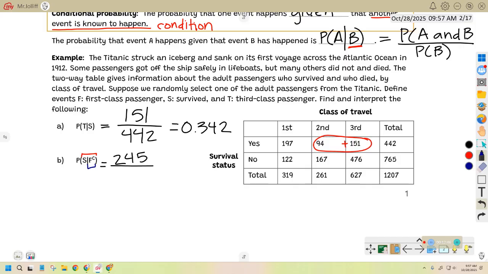Where are those boxes in my table? Bottom totals, good. I want those 2. So 888. Let me grab our calculator. 245 divided by 888 is 0.276, rounded.